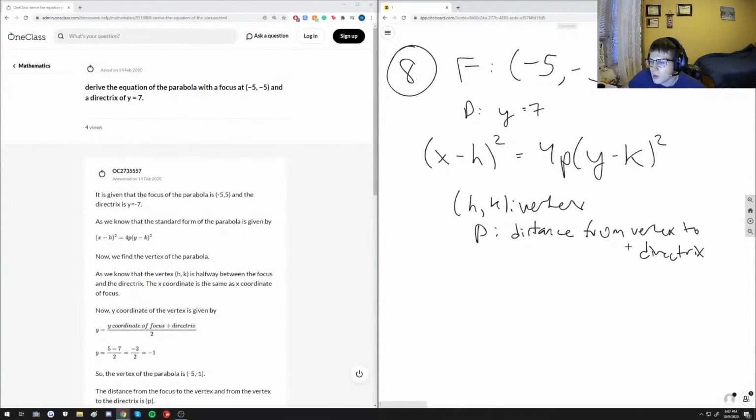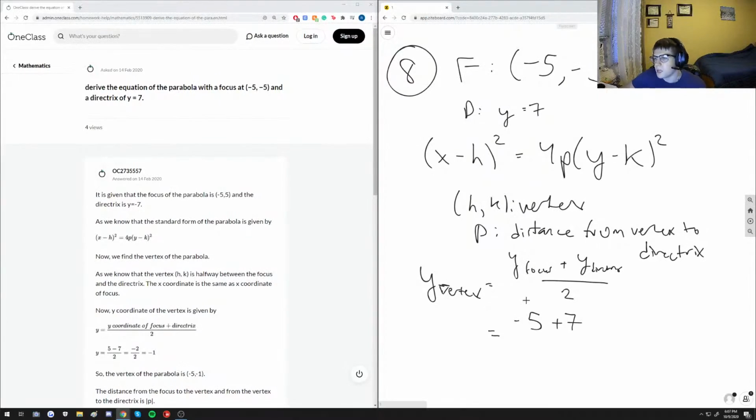So how we find the y coordinate of our vertex is we take the y coordinate of our focus and add it with the y coordinate of our directrix and divide by 2. The y coordinate of the focus is -5, and the y coordinate of the directrix is 7.